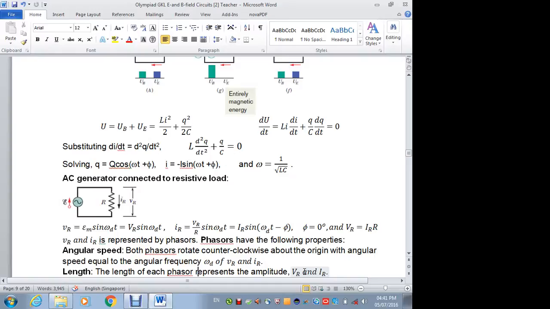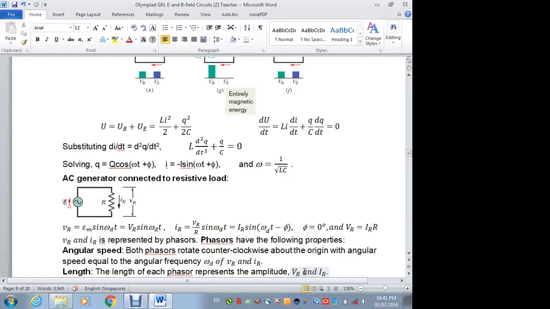So how you see it in a phasor diagram is that the vector IR has a sine component, which is projected onto the y-axis.